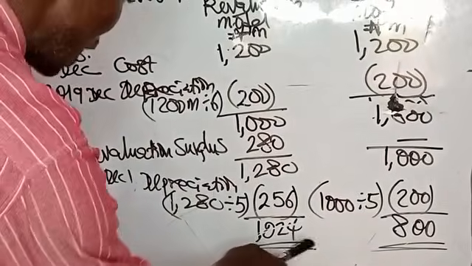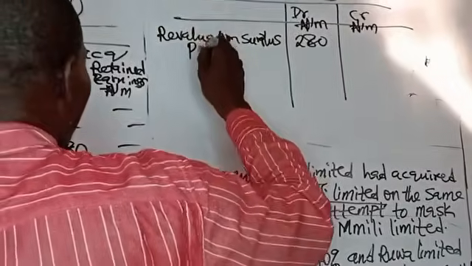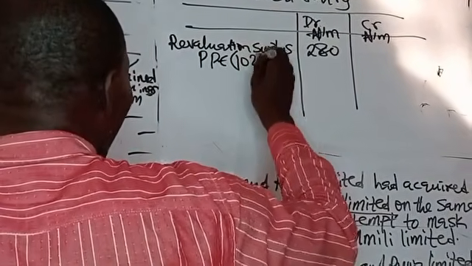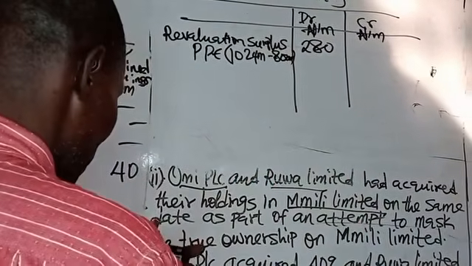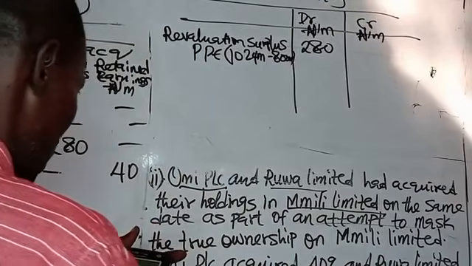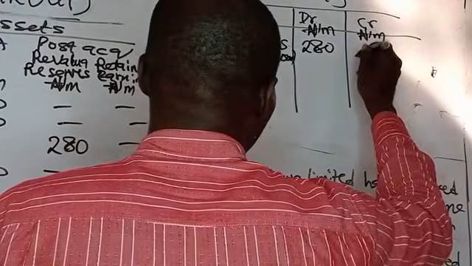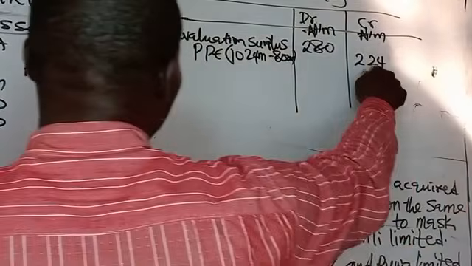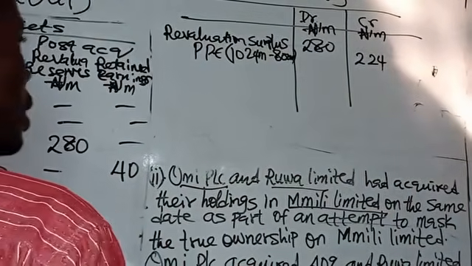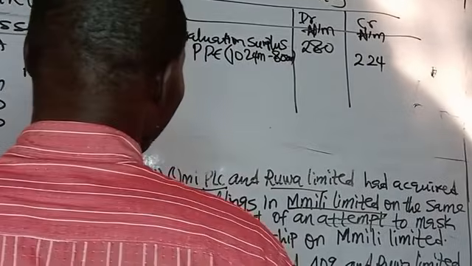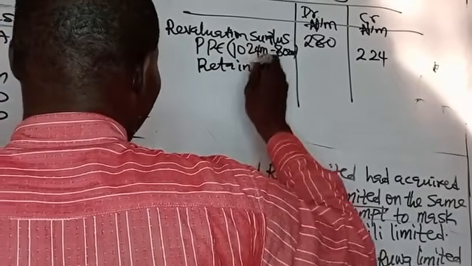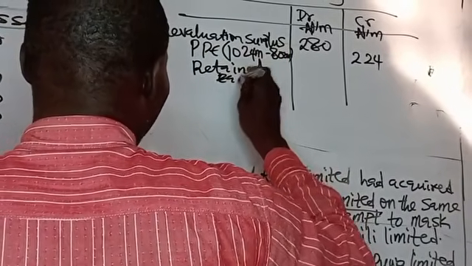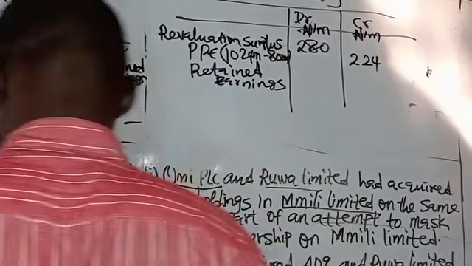So 1,024 minus 800 gives 224. That means you are going to deduct 224 from your PPE for consolidation purposes. Then the difference will be transferred to retained earnings.